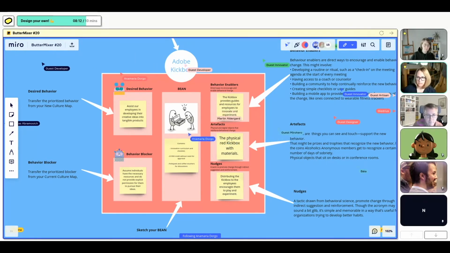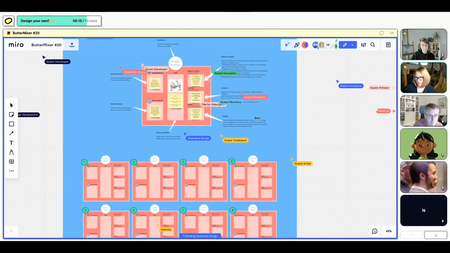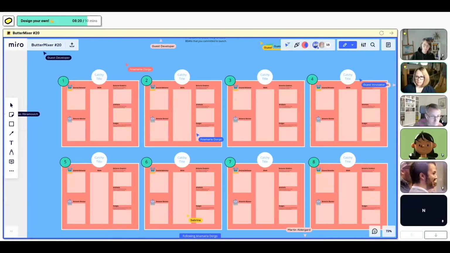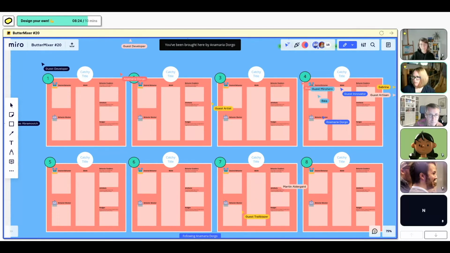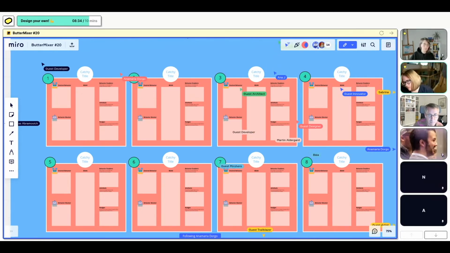But now I would like to give us, I would say, 10 minutes. Again, we go into breakouts, and now we are 16. Maybe we can just make 4 breakouts. Let's do 4.